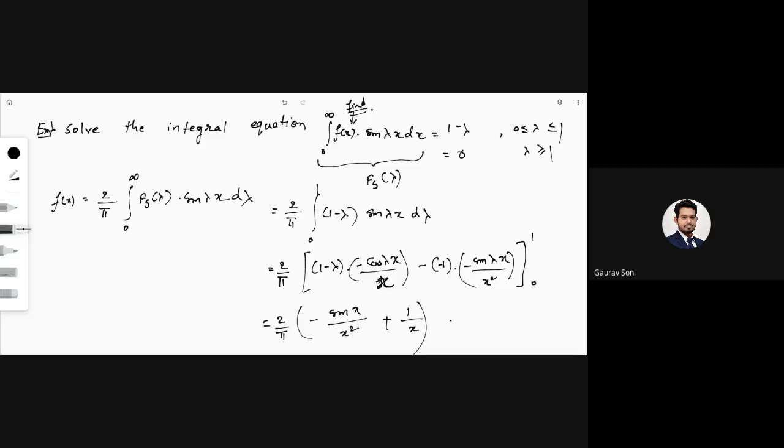If we simplify this, what we have is 2 by pi times x minus sin x divided by x square. The solution of the given integral equation is this.